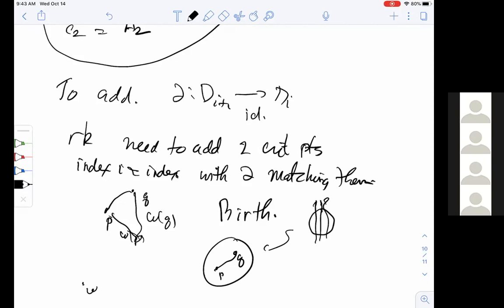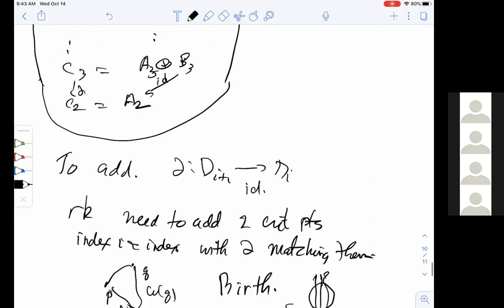And now you want to connect things over to the base point. Well, you just use the same loops here and here, and then the boundary map will be plus 1 times the identity if you do that, which is exactly the boundary map you wanted to achieve.